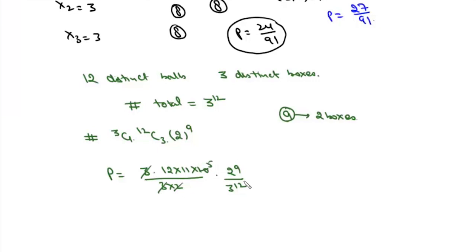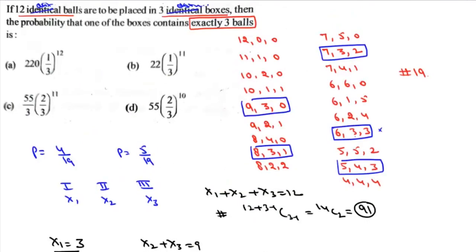This is 55. Now this is 3 to the power 11 and this is 2 to the power 11. So we'll write this as 55 into 2 by 3 to the power 11, which again doesn't match with any option.